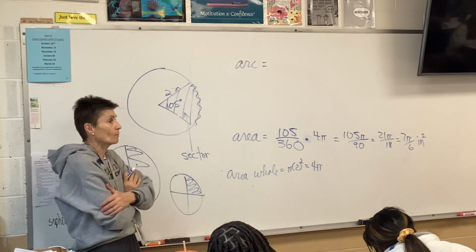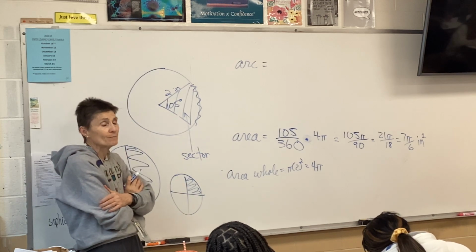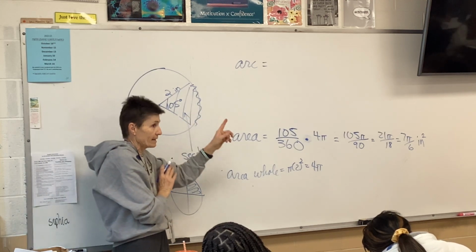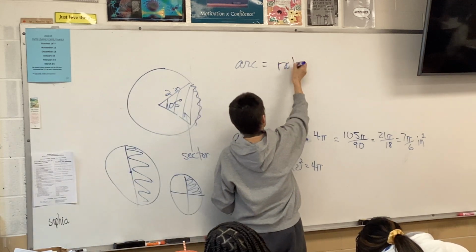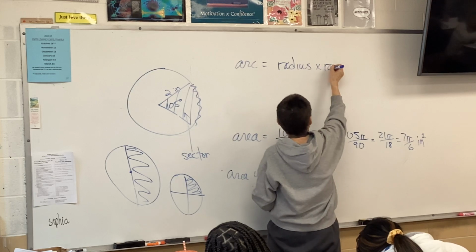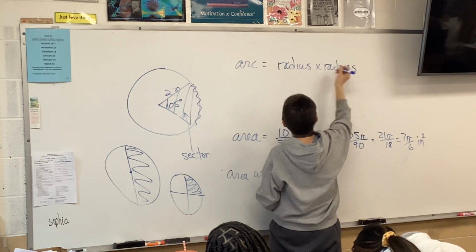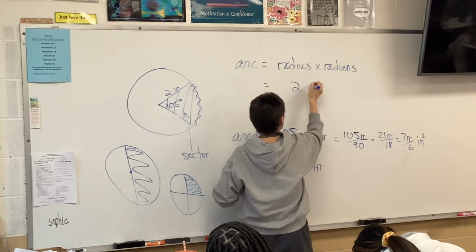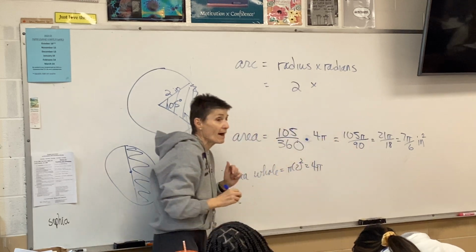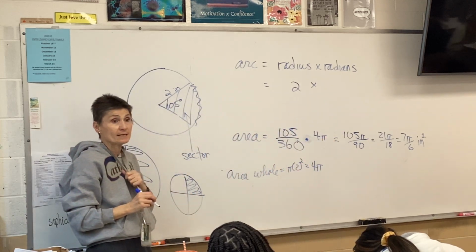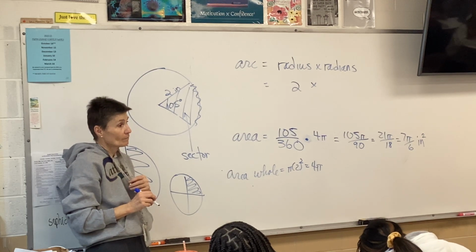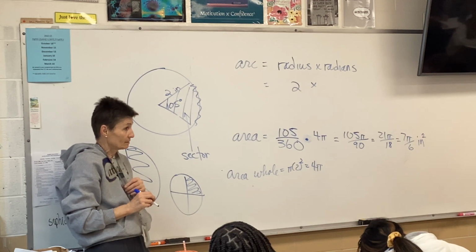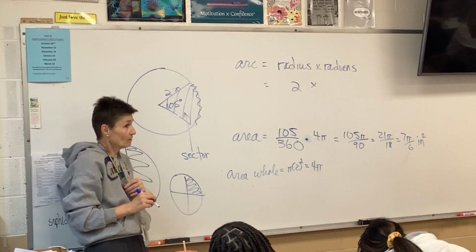Okay? Now, that's what the question says, but I want to practice arc length again. We did this once already today, but let's do it again. How do we do arc length now? Radius times radians. And we know that our radius is 2. So all we have to do is find the radian measure of the 105 degree angle.